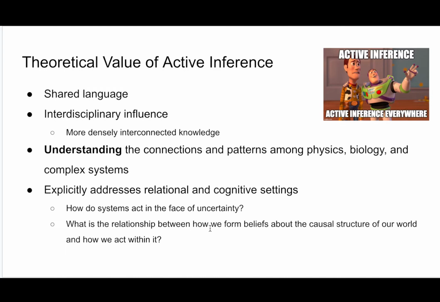How do organizations handle our uncertainty? How is uncertainty at the local level related to uncertainty at the global level?